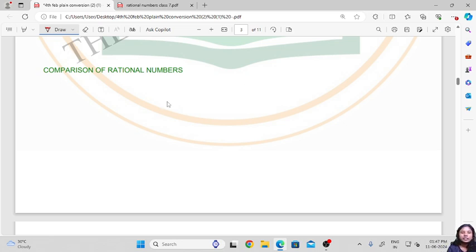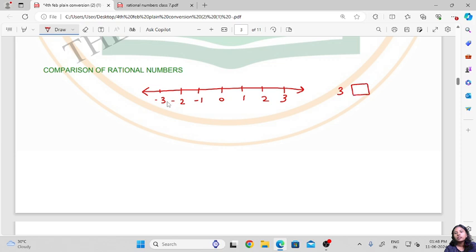Now when we see the number line, 0, 1, 2 and 3, minus 1, minus 2 and minus 3. To understand the comparison, let's say we have 3 and we have 2 here. So 3 is on the right hand side of 0, on the positive side of the integer line.